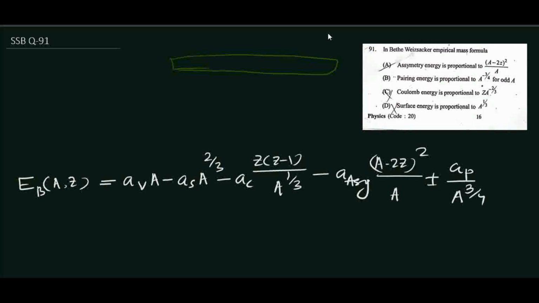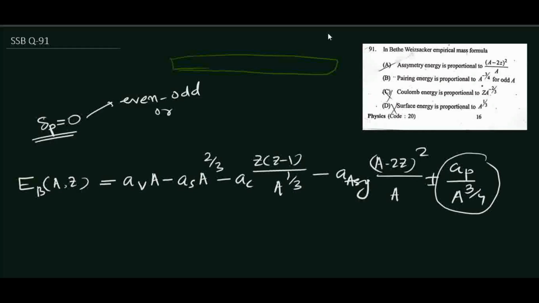And this pairing energy term is 0. Del P is 0. The pairing energy contribution is 0 for odd-even or even-odd nucleus, and these nuclei are collectively known as odd A type nucleus.